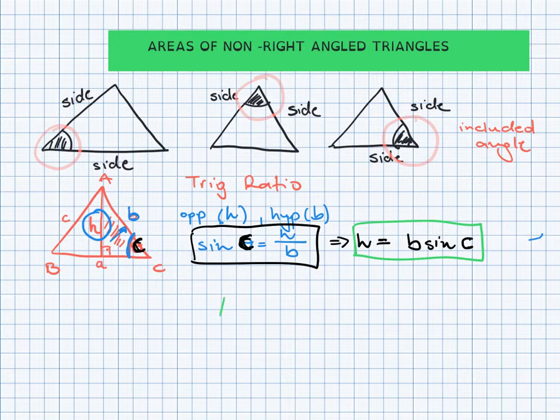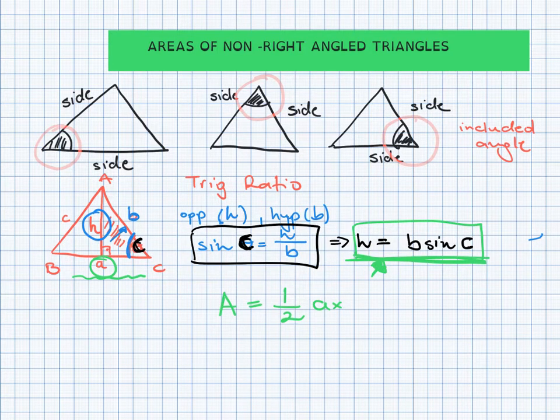And going back, the area for a right angle triangle is half times base. In our case here, we can see that the base is A, and then times height, and the height is just this part here.